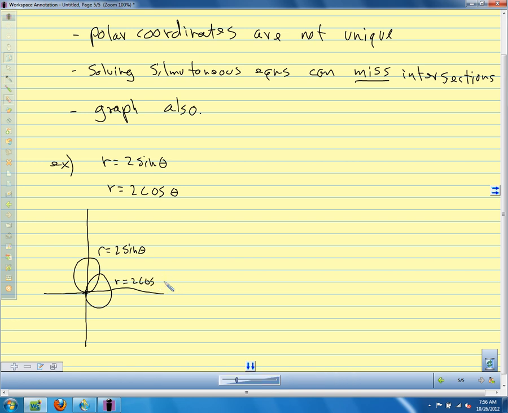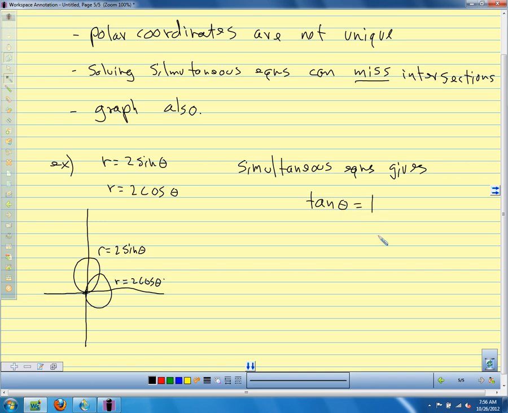If we wanted to find the area enclosed by these two curves, and we didn't graph and we just looked at simultaneous equations, that gives us that the tangent of theta equals 1. That's where these two are equal, where tangent theta equals 1.